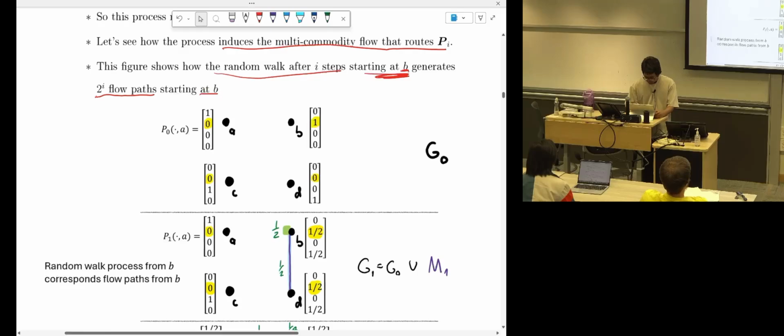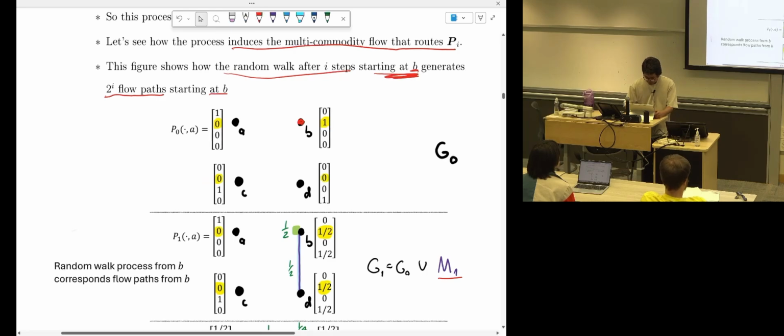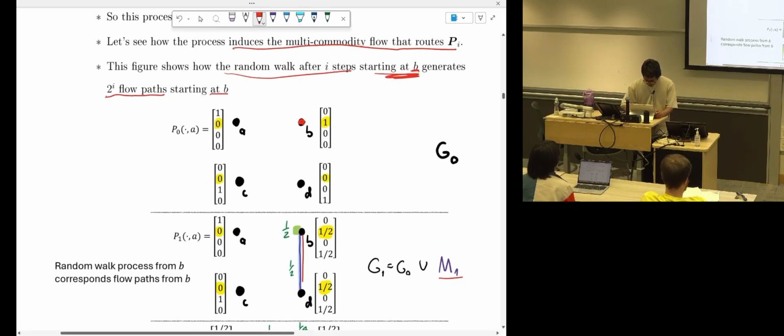So here it starts with an empty path, and after round i, there are going to be 2 paths, this path and just this empty path here. This path will have flow 1/2, and this path is 1/2.